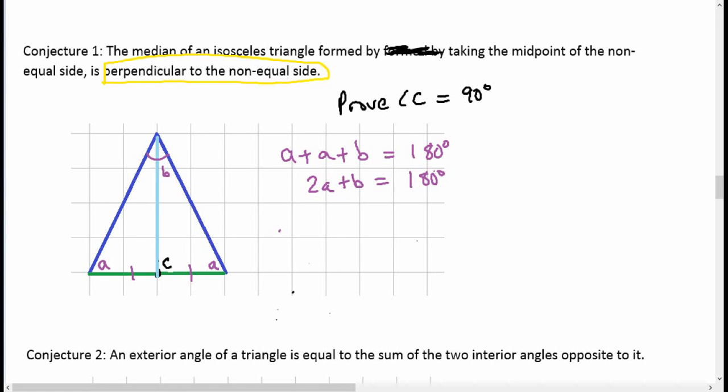Now we have a second triangle. We were talking about the big outside triangle before. Now we have this triangle here that was formed by taking the median. For that triangle, we see that A plus this smaller piece, which is half of B, B over 2, plus C, if we add up all these angles, would also be 180.